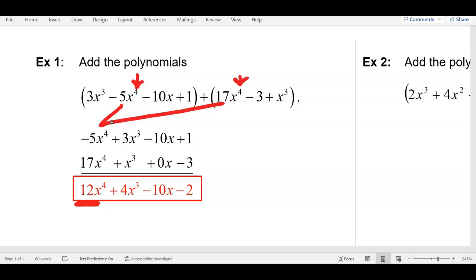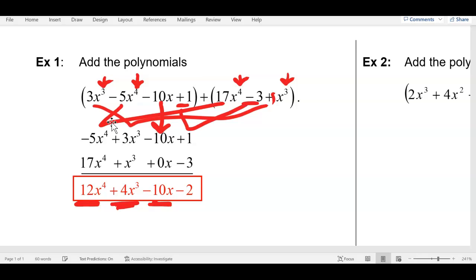And then the next highest power is the 3's. That's going to be 3 and then 1. So 3 plus 1 gives you 4. For x's, we only have one x, so I'm going to just bring that down, negative 10x. And then I have two constants, plus 1, minus 3. 1 minus 3 is negative 2.